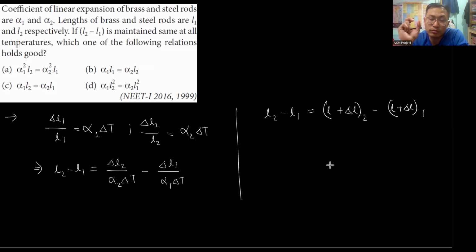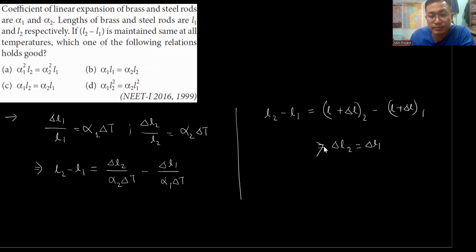The difference is always constant, so do we have delta L proportional to the lengths? Delta L, whatever the change, L2 minus L1 stays constant. So delta L2 should be equal to delta L1.